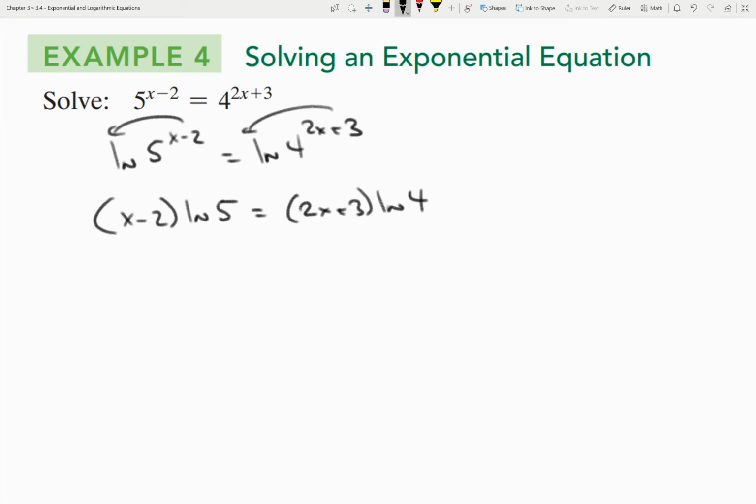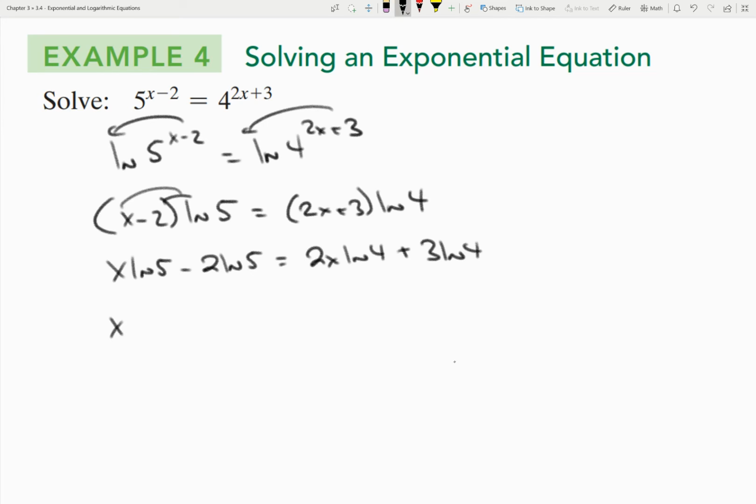I got to get x by itself here. So let me distribute this expression, right? So let me multiply both by the natural log of 5. So that's x natural log 5 minus 2 natural log 5. And same thing on the right-hand side, plus 3 natural log 4. Then I realize that I want all the x's on the left-hand side.